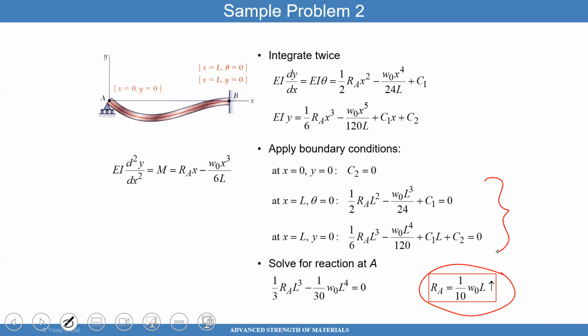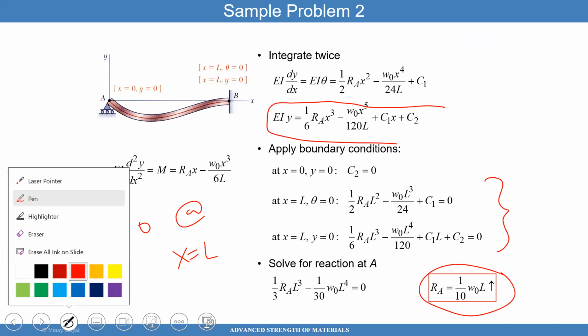I think the question is, how do you implement the fact that theta is 0 in the equation? And the answer is that at theta equals 0, the slope is 0 at x equals L. So you can use this equation even if you want.